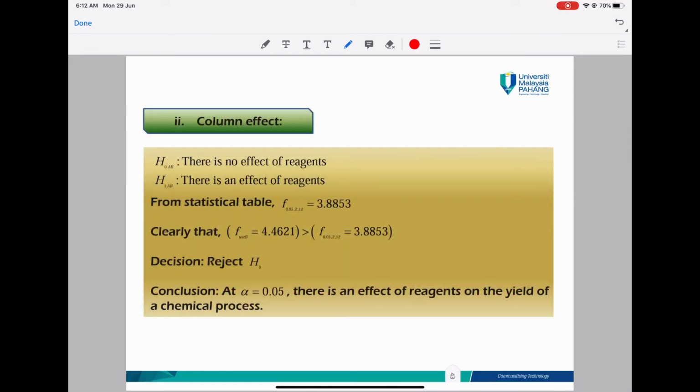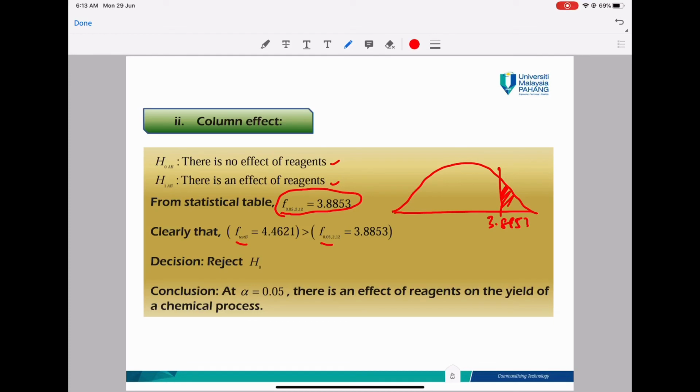After we finish with the row effect, next we move on to the column effect. Your H0 will be there is no effect of reagents. Your H1 is there is an effect of reagents. And then from your statistical table, your F alpha is 3.8853, and as usual we will compare your F test with your F alpha. You can see that your F test is also larger than your F alpha.